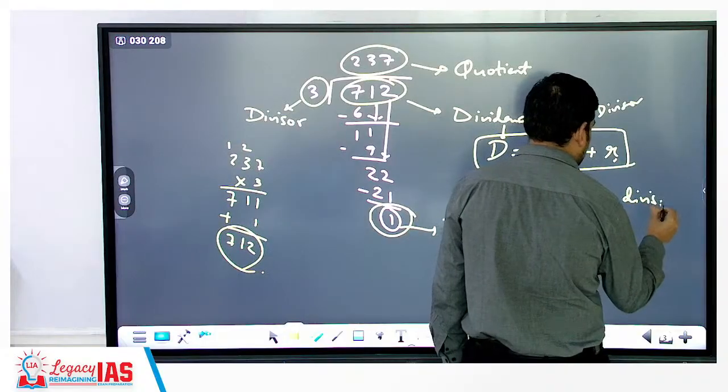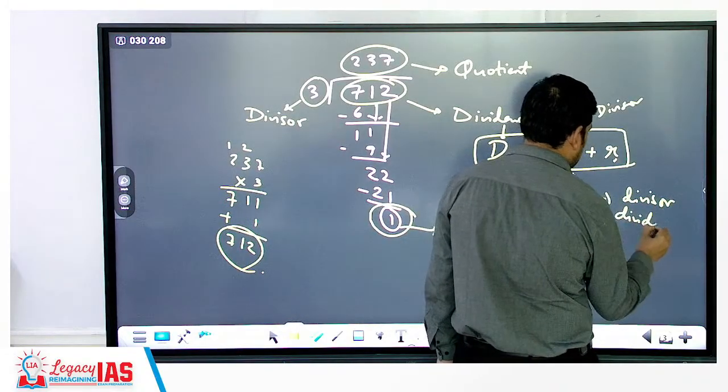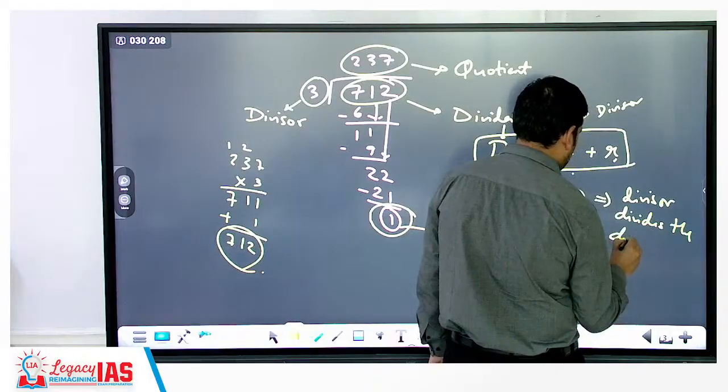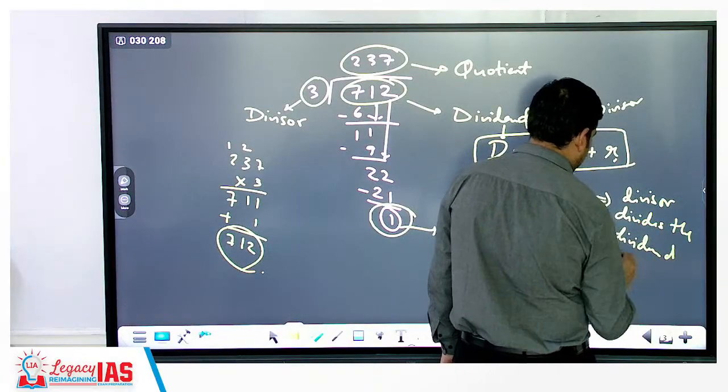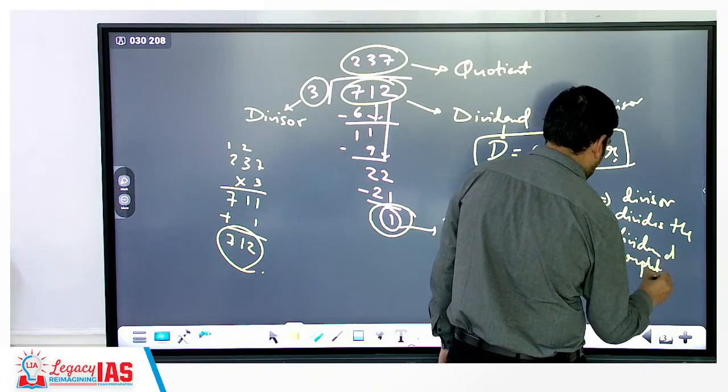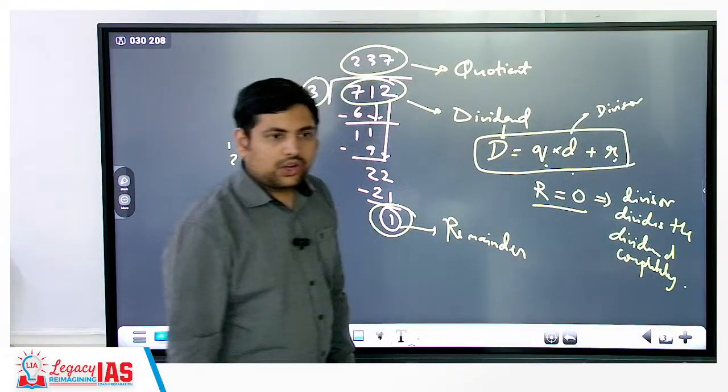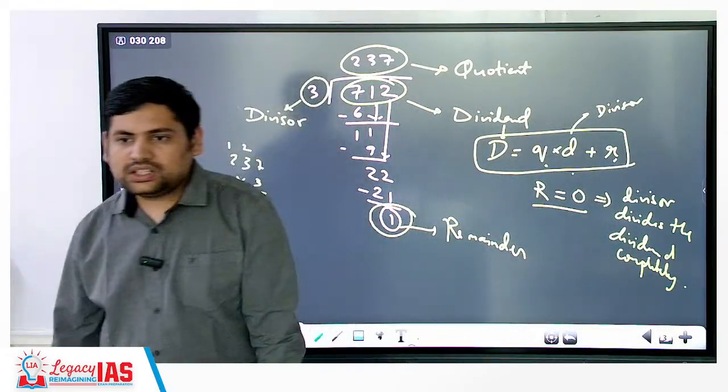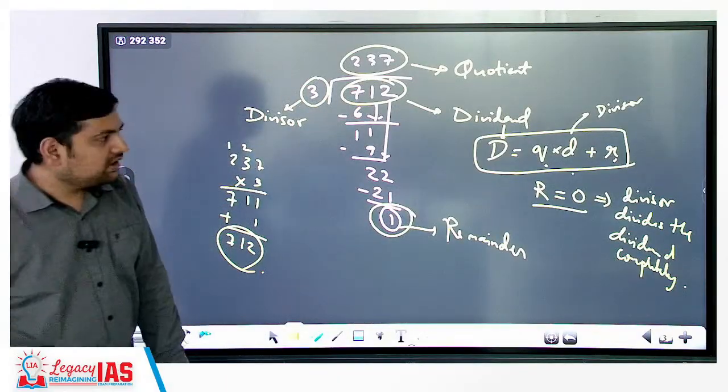It means the divisor divides the dividend completely, or the divisor is a factor of the dividend if the remainder comes out to be 0.